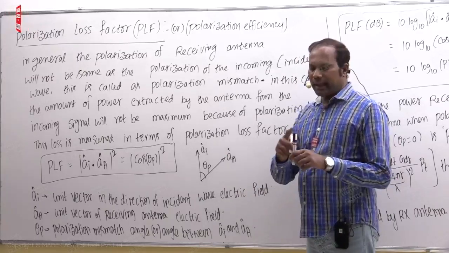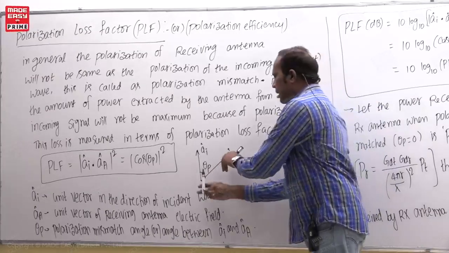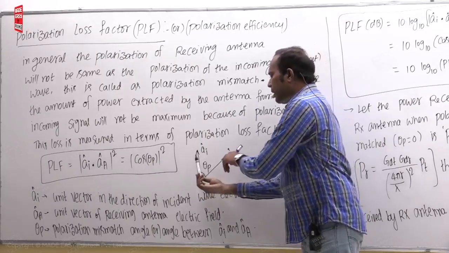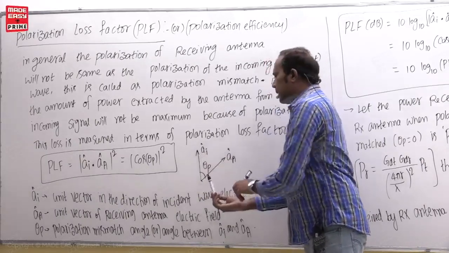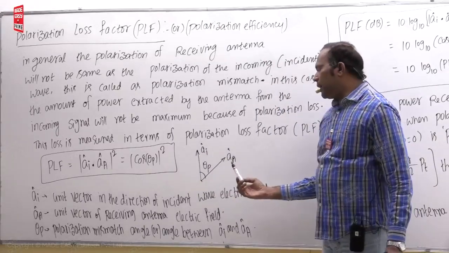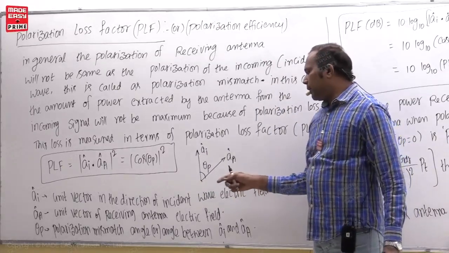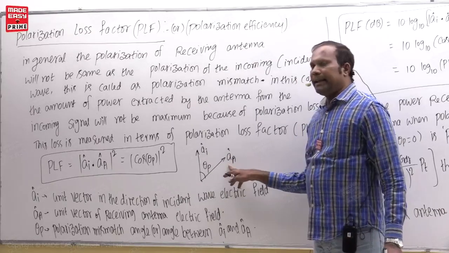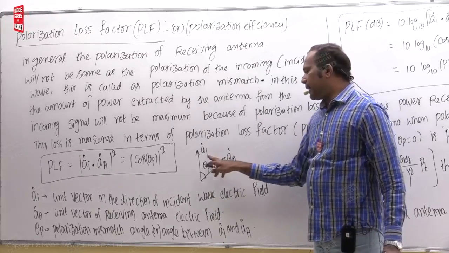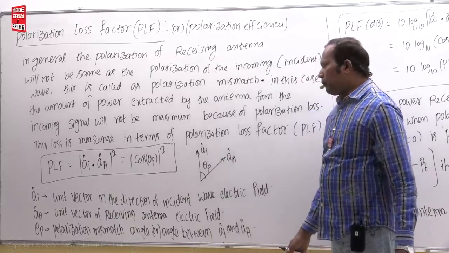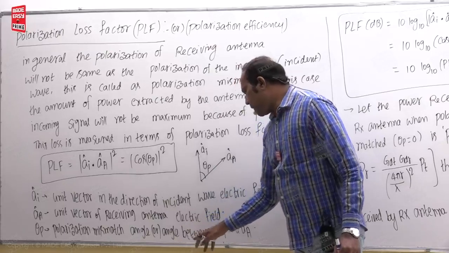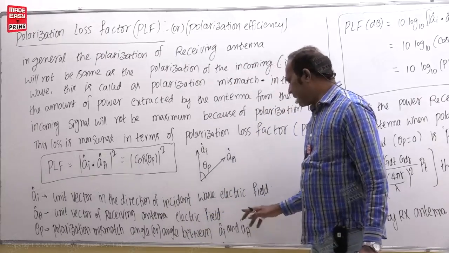Then the angle between the unit vectors of the incoming electric field and the receiving antenna electric field is theta p, called the polarization mismatch angle, or the angle between AI cap and AA cap.